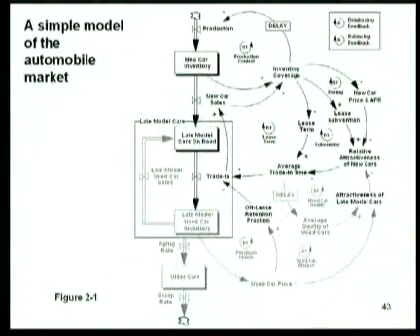Well, I won't go through all the details of that, but if you look at this system diagram, which has a causal loop diagramming structure, it has a notion of stocks and flows, and again, you will be getting into causal loop diagramming in Chapter 5 and stocks and flows in Chapter 6.